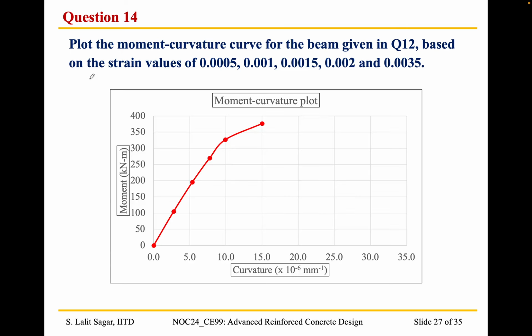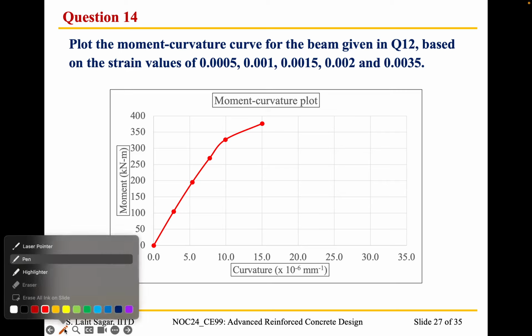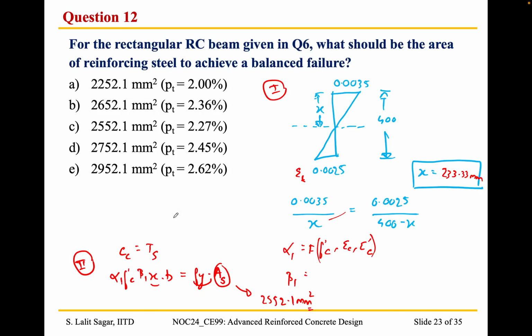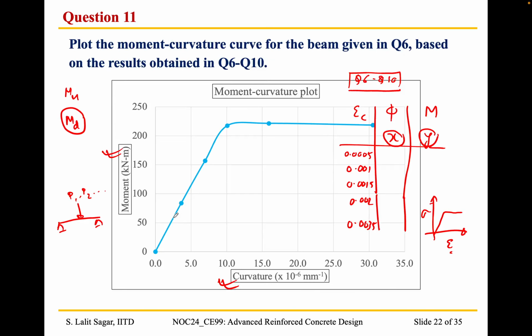And again, as you can see in the earlier problem, when the section was under reinforced, the moment capacity was lesser. Let me go back there. The moment capacity was about 225, but it was able to undergo a curvature of about 30 into 10 to the power minus 6.